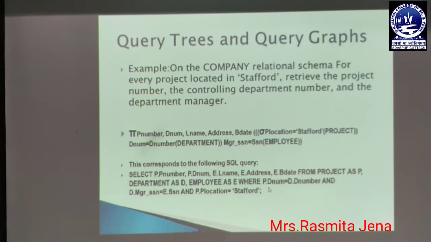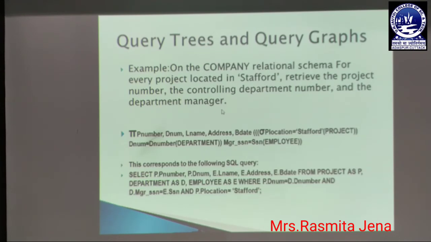From this we will get the D num, so P.D num equals D.D number, and from the department table we will get the manager SSN, and compare it with the employee SSN, that is D.manager SSN equals E.SSN. So this is the relational algebra and SQL statement for this query.